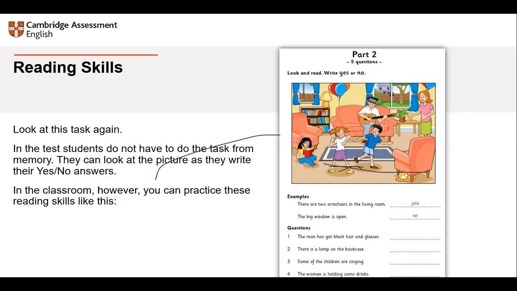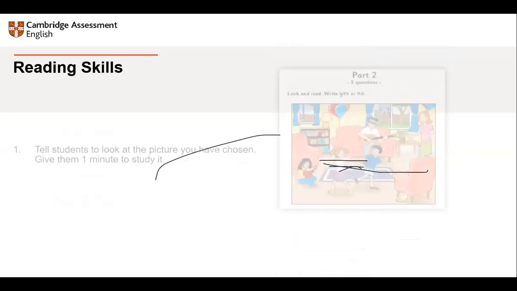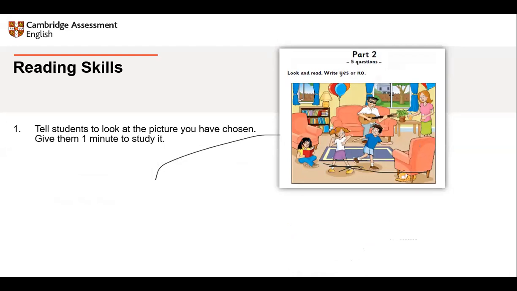In the classroom or in remote teaching, however, you can help the students to develop the skills in order to achieve this by breaking these tasks. So let's do an example here. You can, for example, focus on the picture only.